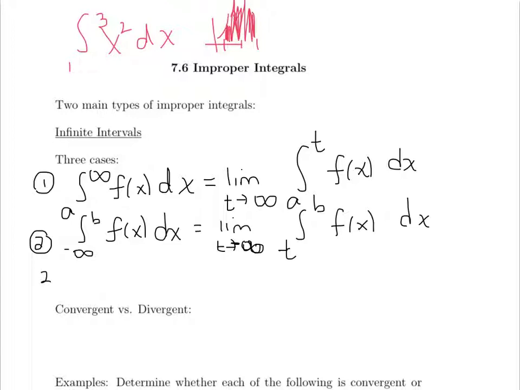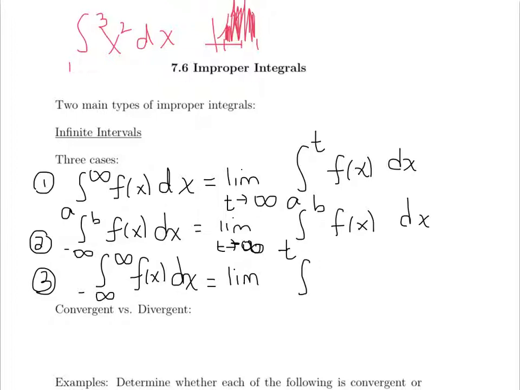And then the last example: we can have infinity in the top bound, we could have a negative infinity in the bottom bound, or we can also have an integral that has infinities in both the top and the bottom bound. So we want the area under the curve across the whole x-axis. In this case, we could split this into 2 integrals.